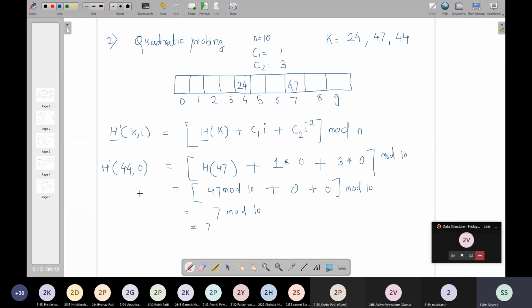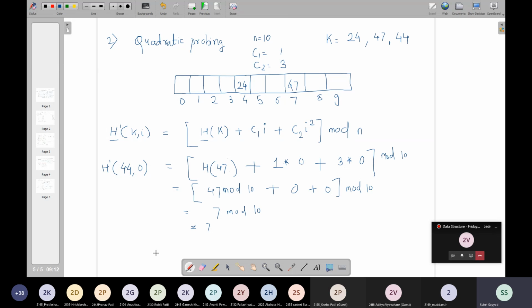See, when you solve this numerical on paper, all these steps you have to solve one by one. You cannot take shortcuts. The way I am writing every step, it should be written in that way only. h dash of 44 comma 0, all substitution should be written. Then if a collision is there, it should be mentioned. Then only the value of I should be incremented. And accordingly, you should build your array and take new key values and proceed in your solution.